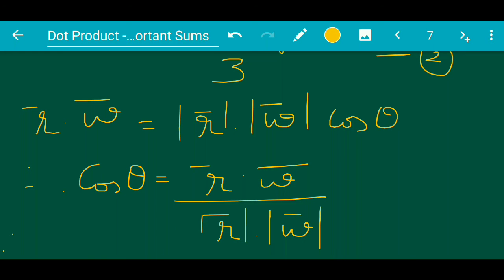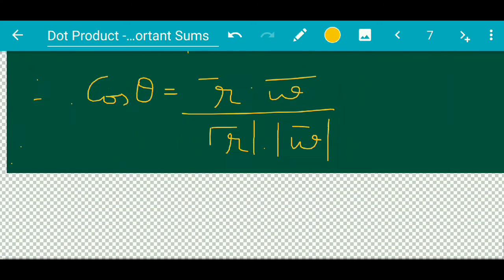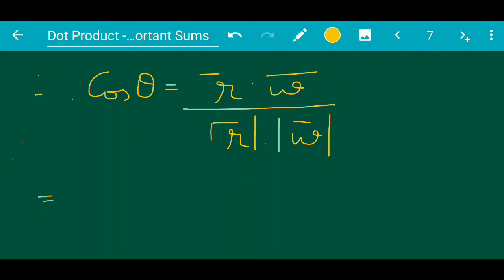Mod r dot mod w comes out as, after putting the values etc. I'm skipping one step, or let me do that step anyway, since I'm doing all these steps for you.